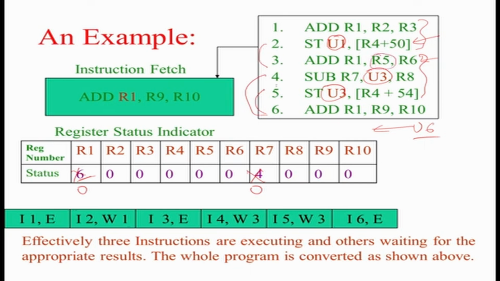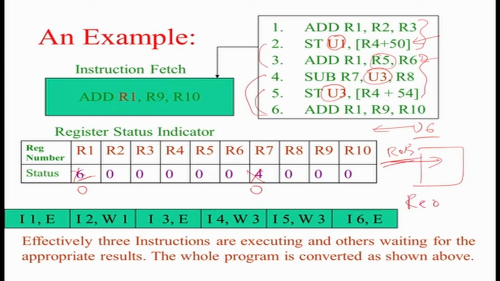Essentially 3 may finish before 1 and 6 may finish, because all the ones writing to R1 are executing simultaneously. But it may be the case where one needs to wait also. So what we have after this is something called a reorder buffer.